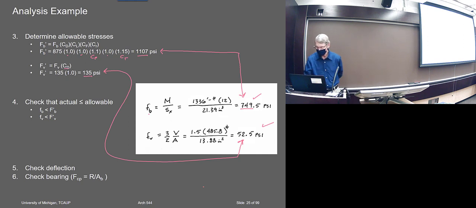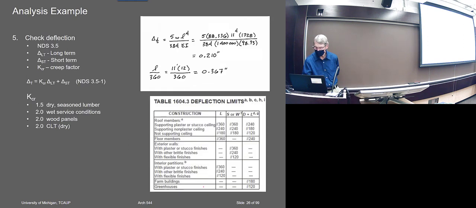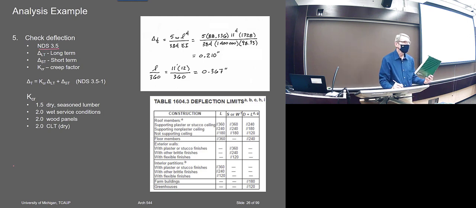Okay, and I think I did actually look at deflection on this one just for fun. Maybe to point out some of the deflection criteria in the NDS. In Chapter 3 here, there is a little calculation that you can use to consider creep, long-term deflection.